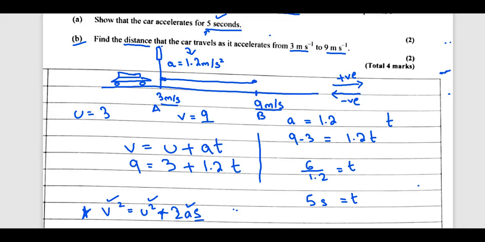Because you have calculated that on your own. In this example the question was show that the car accelerates for 5 seconds. But what if the examiner just wanted you to find the time and you had calculated it on your own? Then I would not advise you to use any of the equations including time to find displacement.